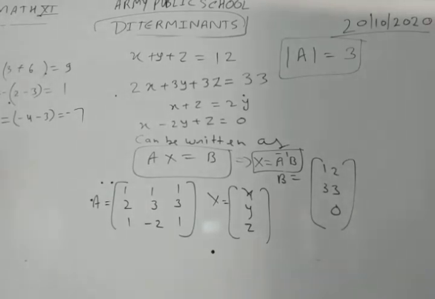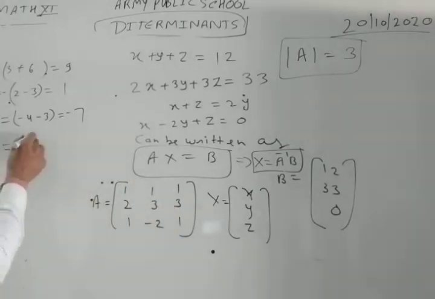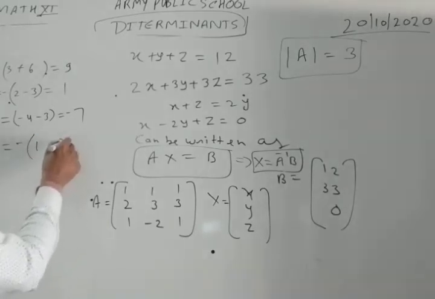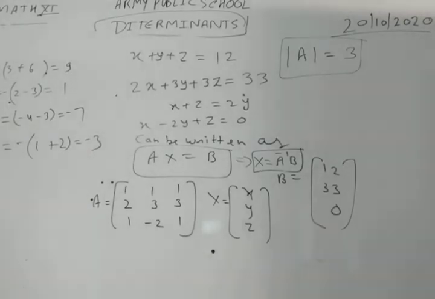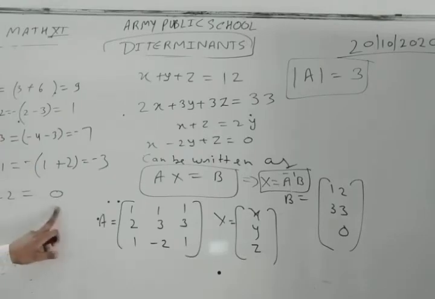Now A21, with negative sign, is 1 plus 2, so minus 3. Similarly, A22 is 0. A23 after solving is 3.